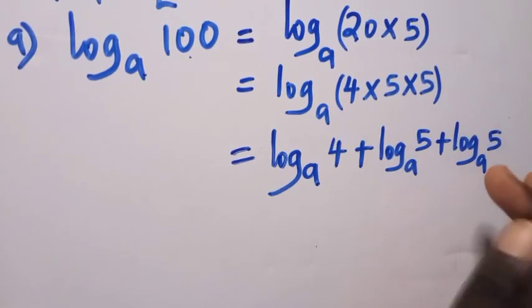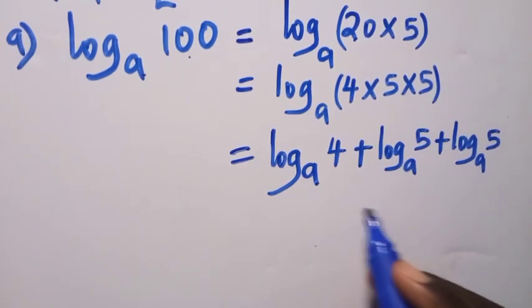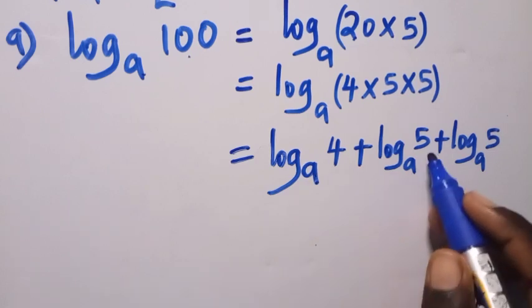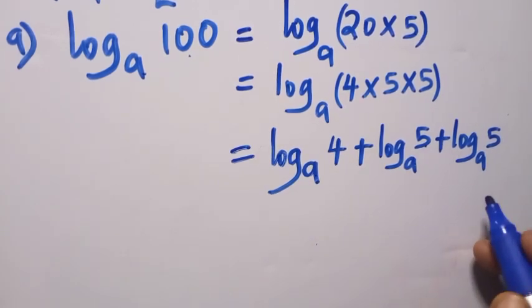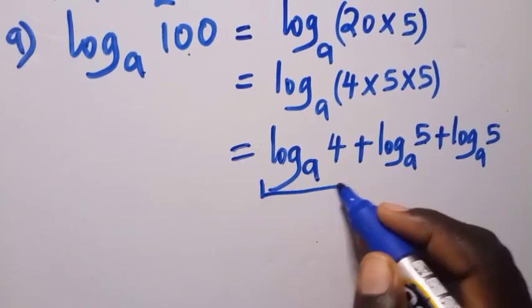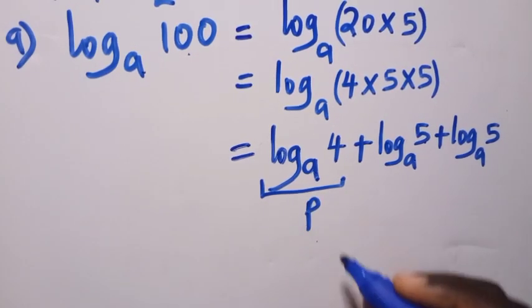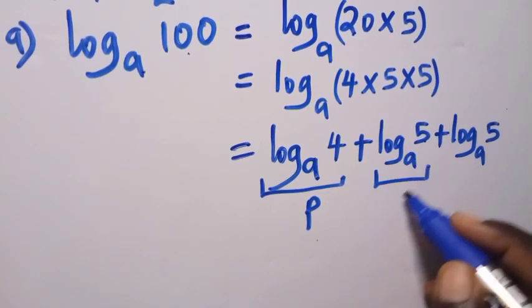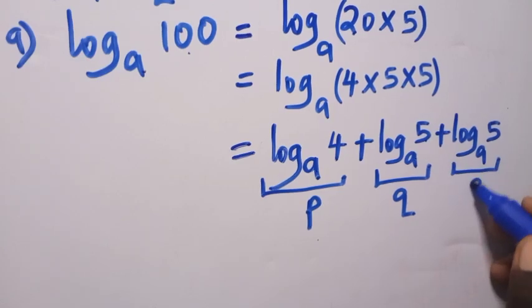Reaching this point, we have the logarithm of 4 to base a and the logarithm of 5 to base a. The logarithm of 4 to base a is our p, and the logarithm of 5 to base a is our q, and also this one is q.